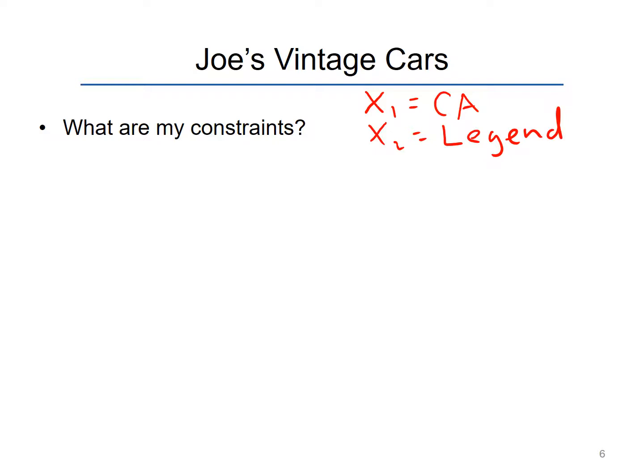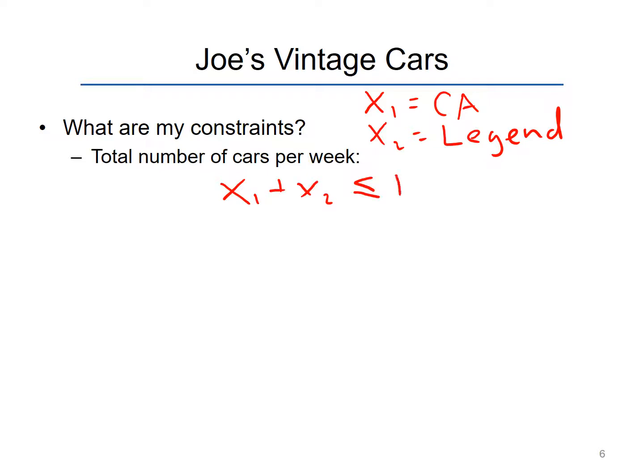The first constraint we have is the total number of cars worked per week. Joe's shop can't work on an infinite number of cars in a given week. There are limitations, so at most, they can work on 12 cars in any given week. So x1 plus x2 cannot exceed 12 cars in a given week.